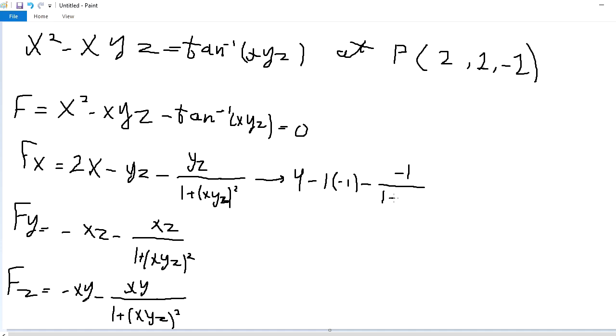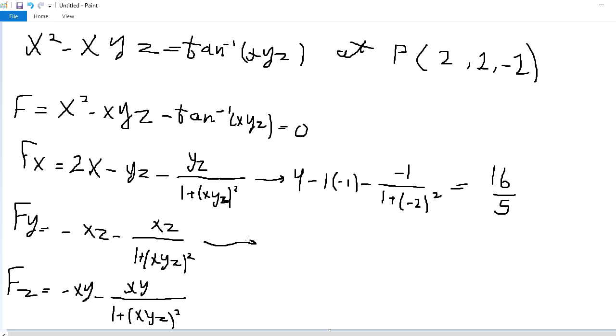Then 1 plus x times y times z. So 2 times 1 is 2, times negative 1 is going to be negative 2, and then squared. If you insert them in the calculator, you will find the solution is 16 divided by 5.